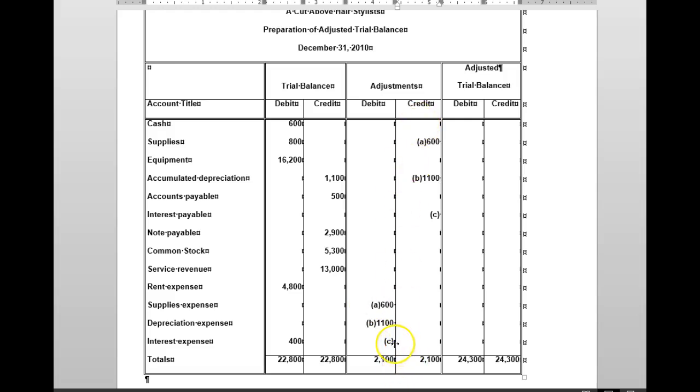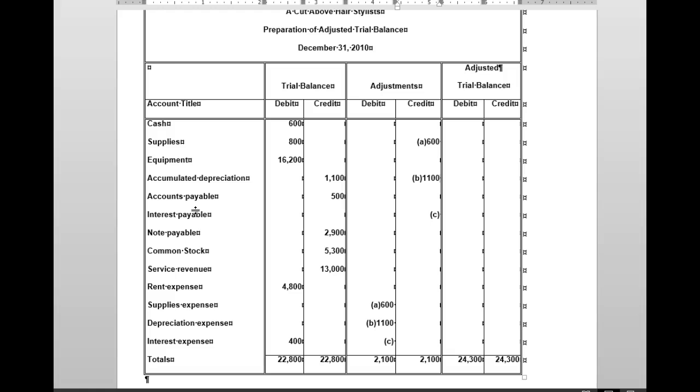And we have one more. We have accrued insurance, accrued interest expense, which means we have interest that we owe, but we haven't paid yet. So now I have to, interest payable. I haven't paid it. There's no cash out on it.